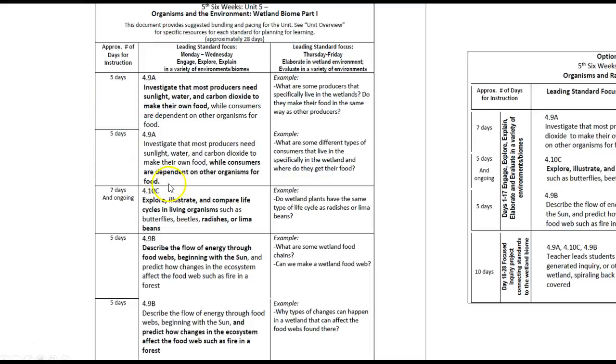And then we're going to take an additional 5 days to talk about consumers and how they get their food. And so even though it's one standard, we're going to split this up into 2 5-day sections.